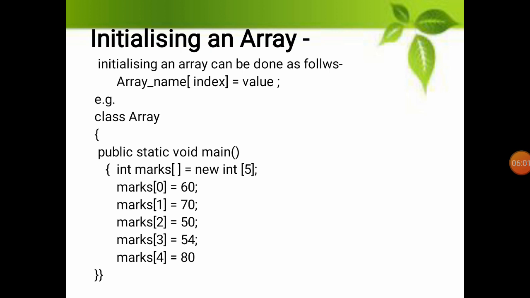Then I have declared an array, int marks = new int[5]. It means we have declared array marks which has 5 elements, and we are trying to initialize each element of the array: marks[0] = 6, marks[1] = 70, marks[2] = 50, marks[3] = 54 and marks[4]. In this way we initialize all the elements of array variable marks.